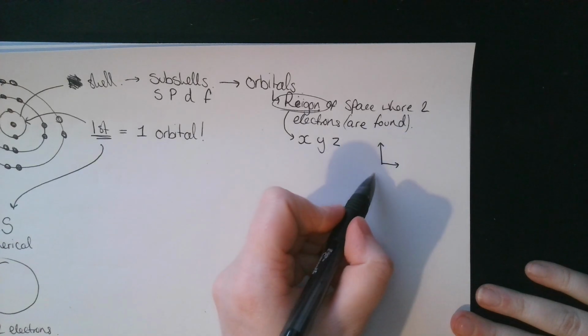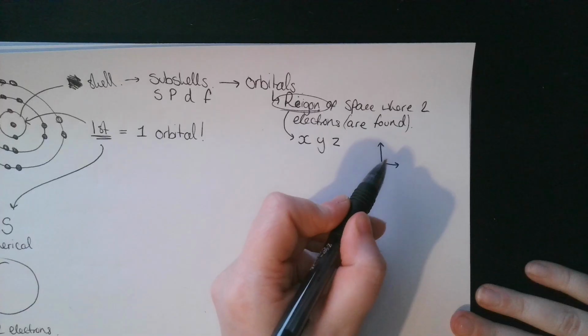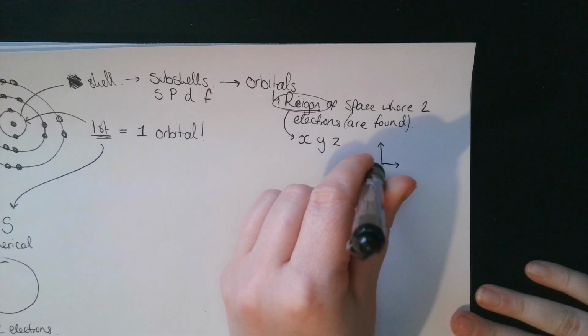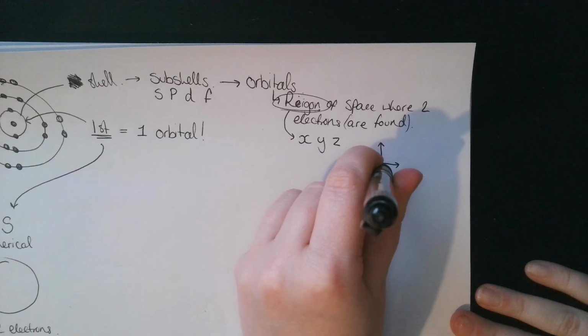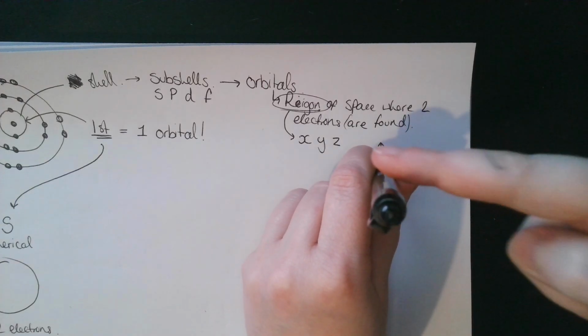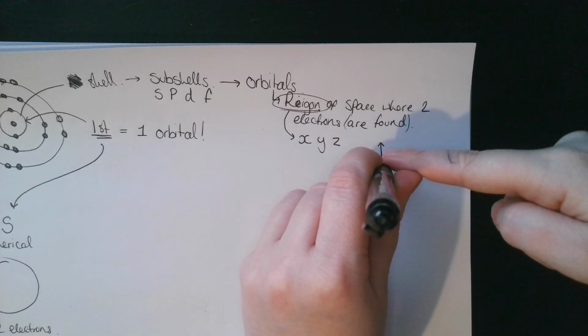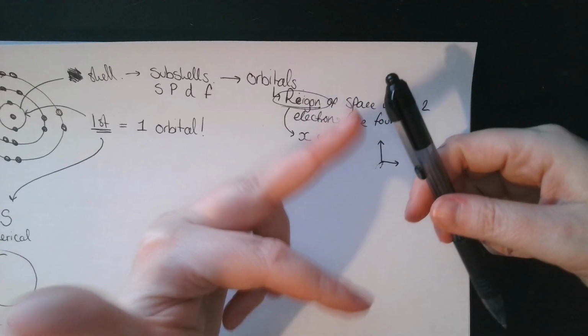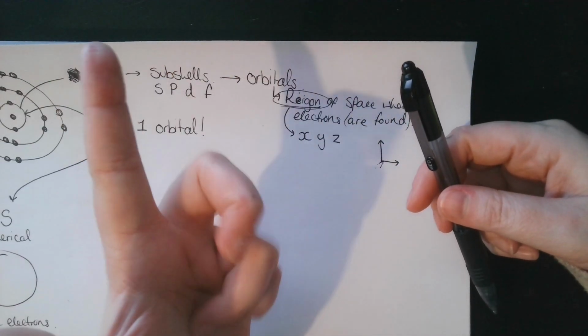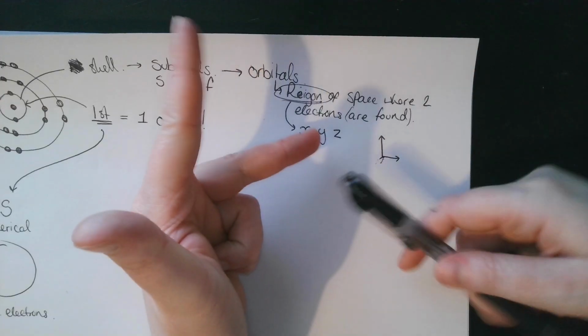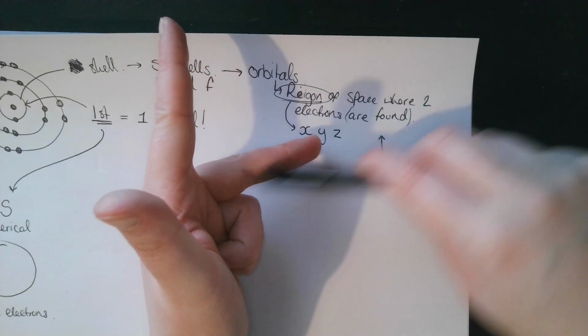The one that's not depicted is Z, so Z comes straight up. If I put my pen there, that is Z going up here. That's Y, that's X, that's Z. You can use your fingers as well. There we go. Y, X, Z.